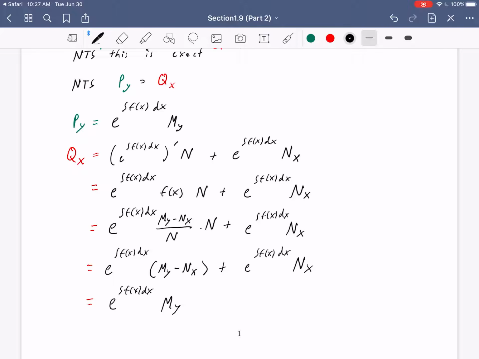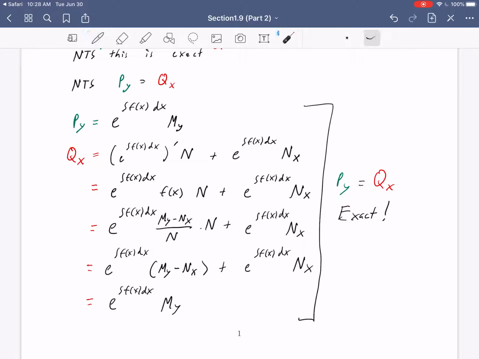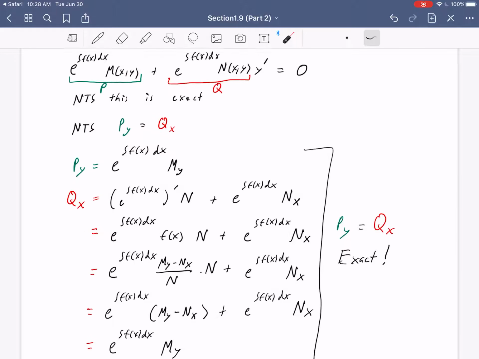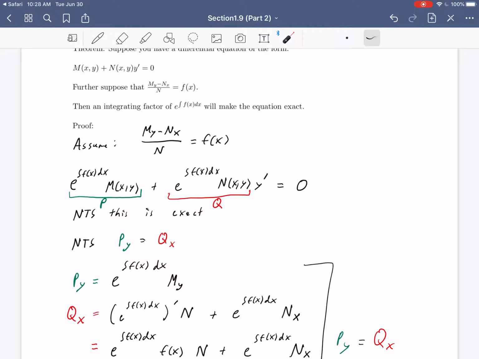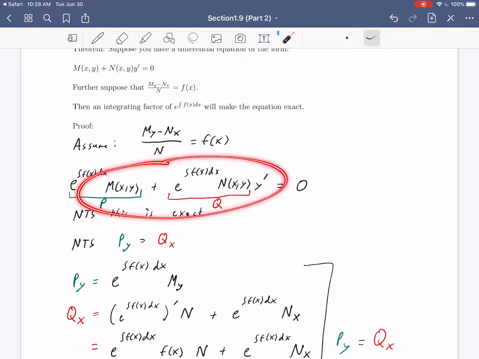So what this shows us overall is that P sub y is indeed equal to Q sub x. So that means that the equation is now exact. And that's exactly what we wanted to prove. So this basically says that if you have this unique situation that (M_y minus N_x) over N is just exclusively a function of x, then you can use an integrating factor of this form to make the equation into an exact differential equation.